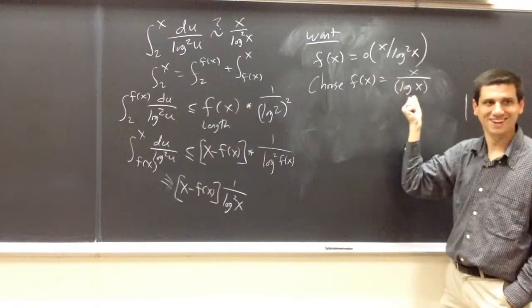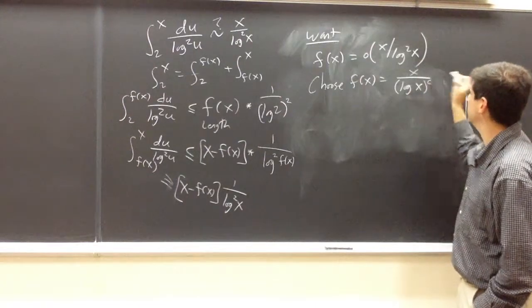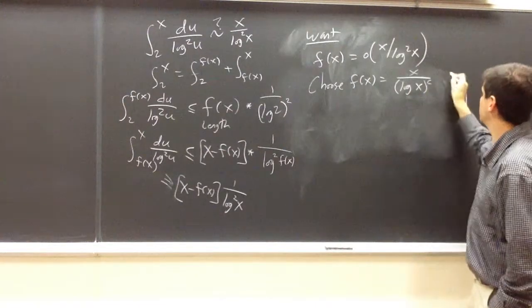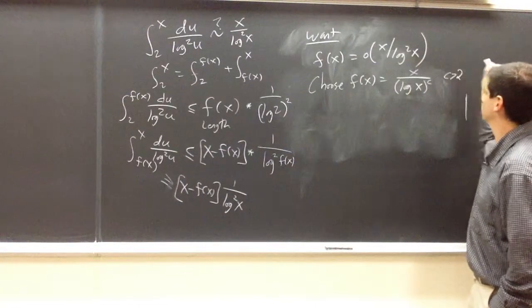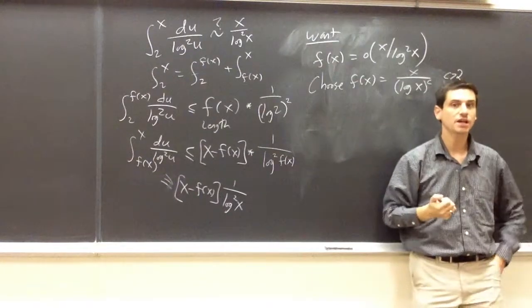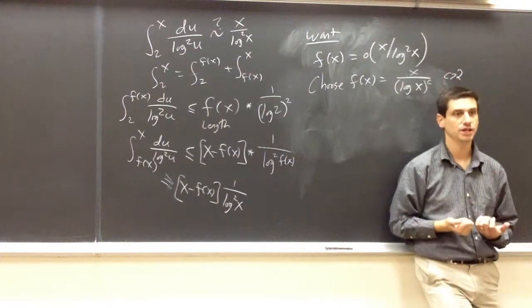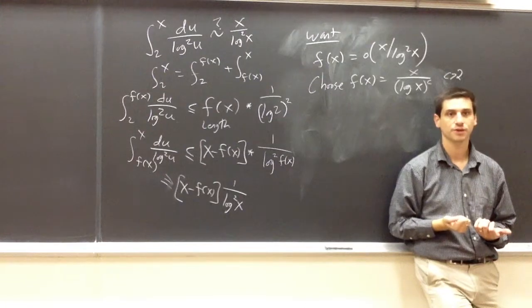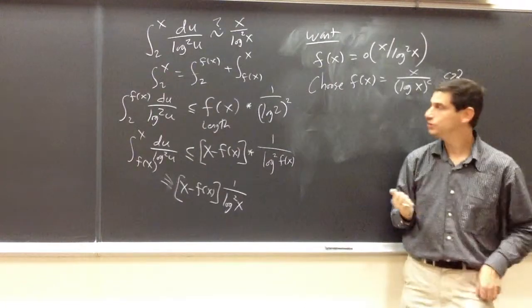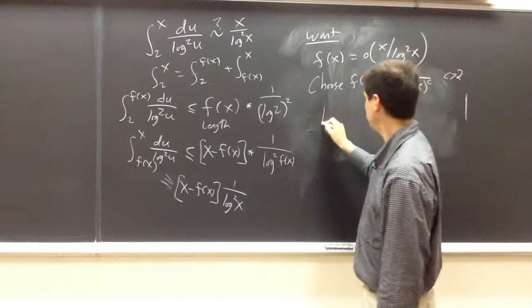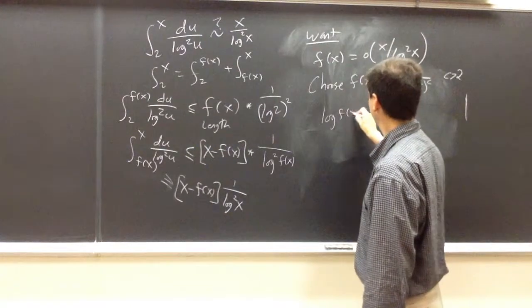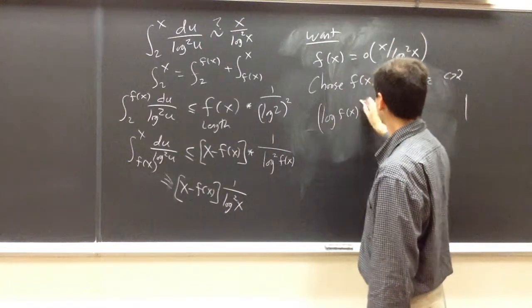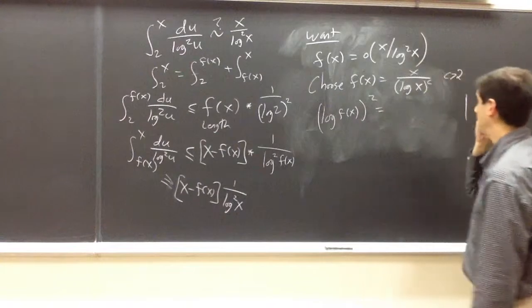Yeah. Right? Or if you want to be a little bit safe, you could even put a c over here and just say c is greater than 2. And if you do something like that, then you still have a free parameter to play with. It's often nice to have free parameters to play with. And so now when we do something like this, the log of f of x squared, what would that be?